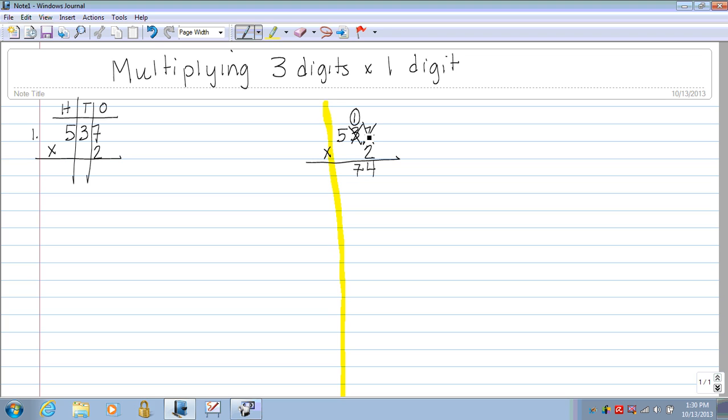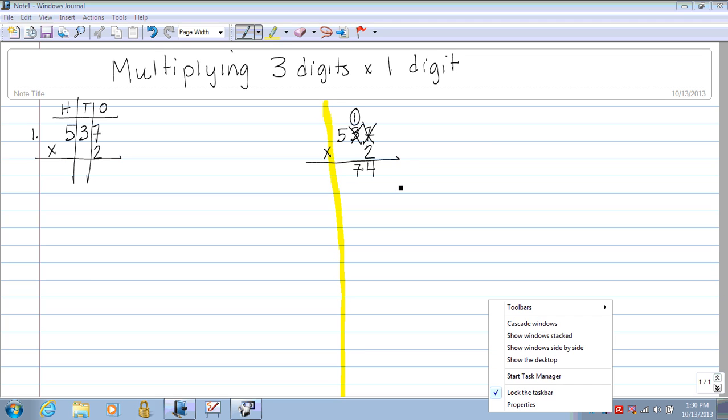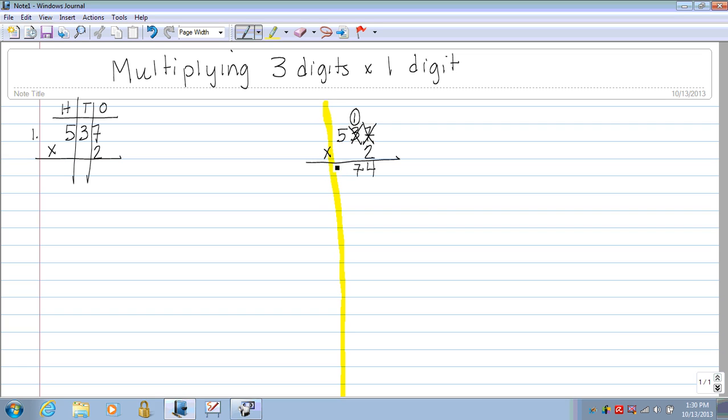Cross out the 3. Now I'm left to multiply 2 times 5. Well, 2 times 5 or 5 times 2 is 10. So my product is 1,074. We are going to multiply the second way just like we did on our 2-digit by 1-digit multiplication.